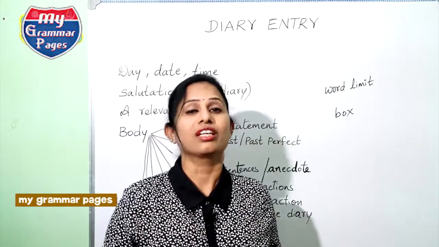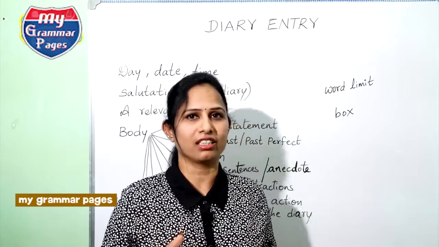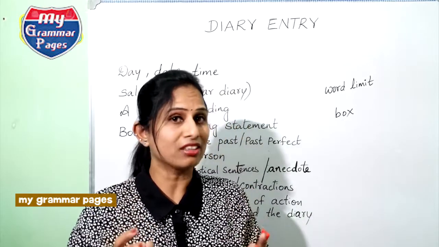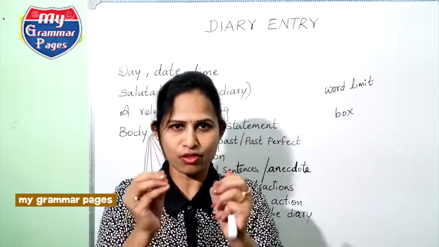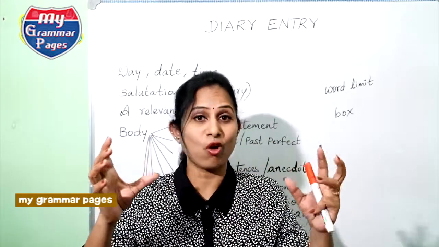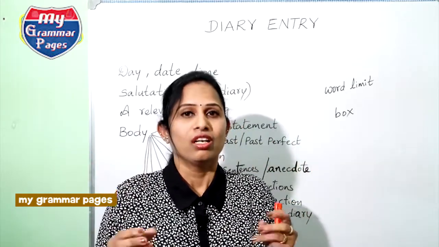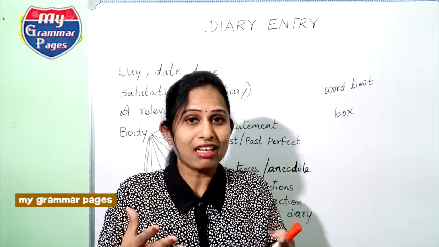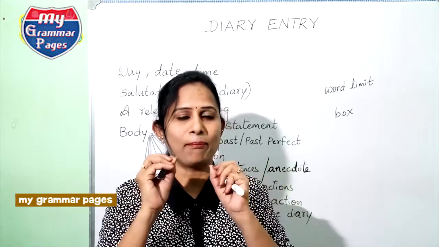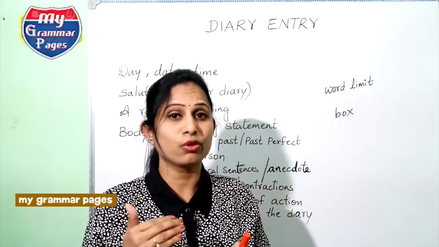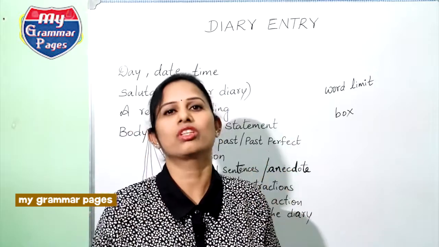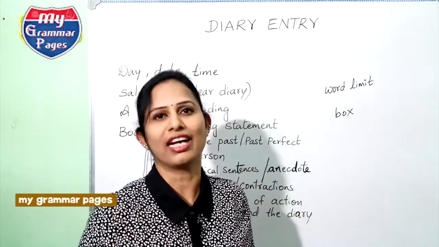As a diary entry is an informal piece of writing, there are no set pattern rules that you have to write the diary in this way only. What you're supposed to think or write is completely up to your wish. Whatever you feel like writing, you can put in the form of words in your diary.